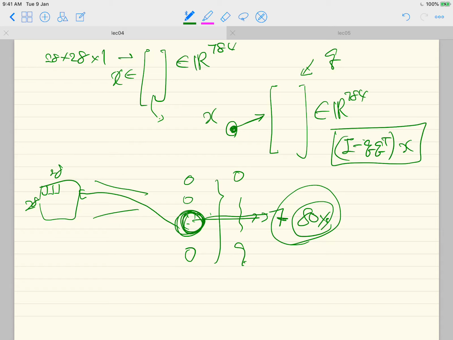Given this vector, what is the meaning of this? This is the component that is insensitive to that gradient direction. Insensitive means that the component is orthogonal to that gradient vector.